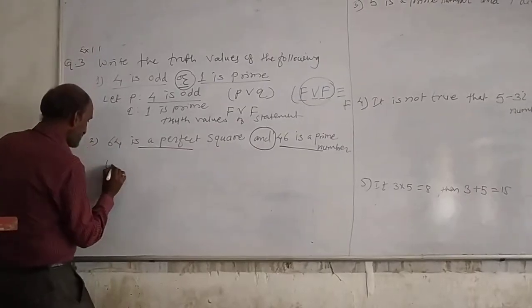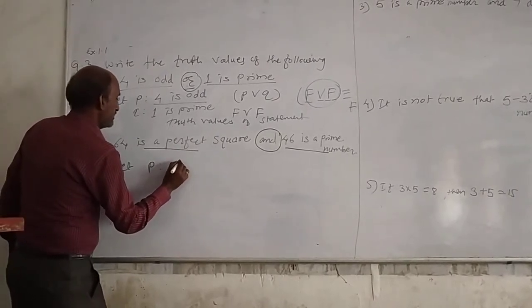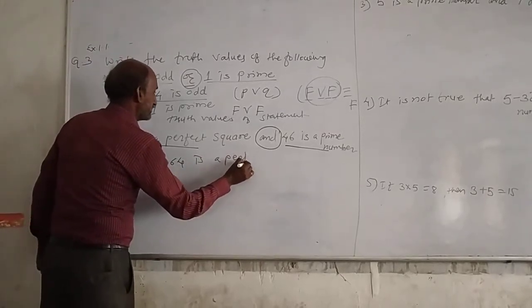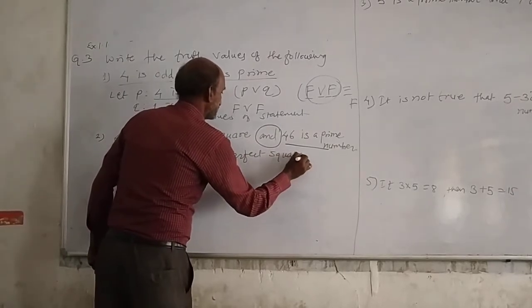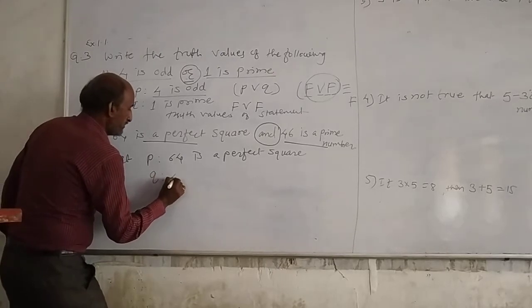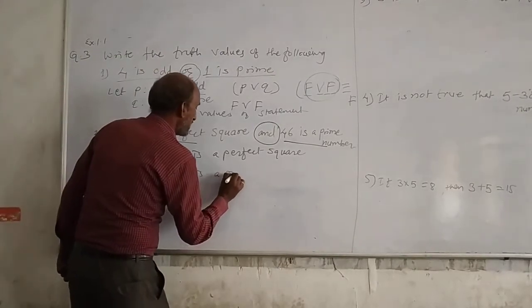Then write the solution. Let P be: 64 is a perfect square. Statement Q: 46 is a prime number.